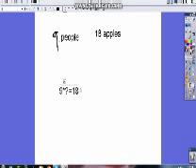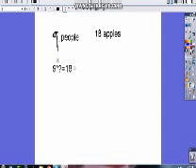You can solve this by dividing 18 by 9, or you can just multiply. What's 9 times 1? 9 times 1 is 9, so that doesn't give you 18. What's 9 times 2? 9 times 2 would be 18.